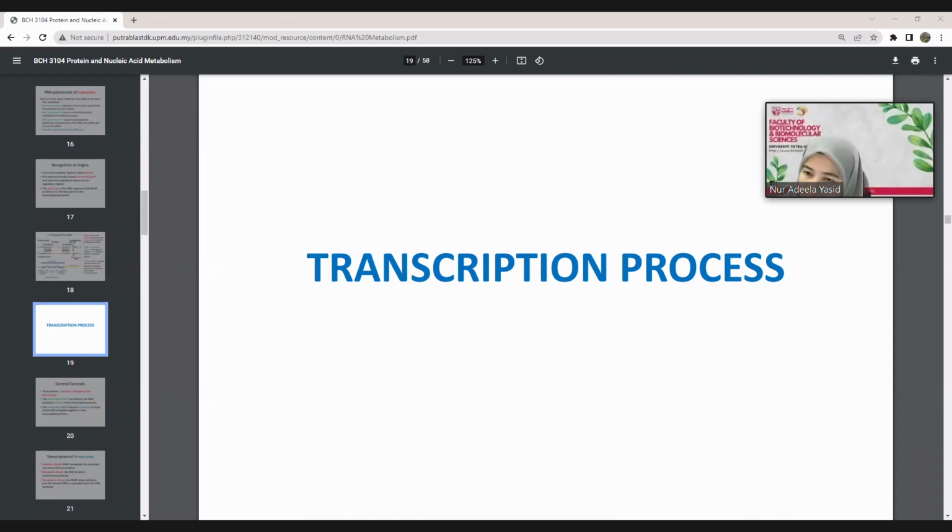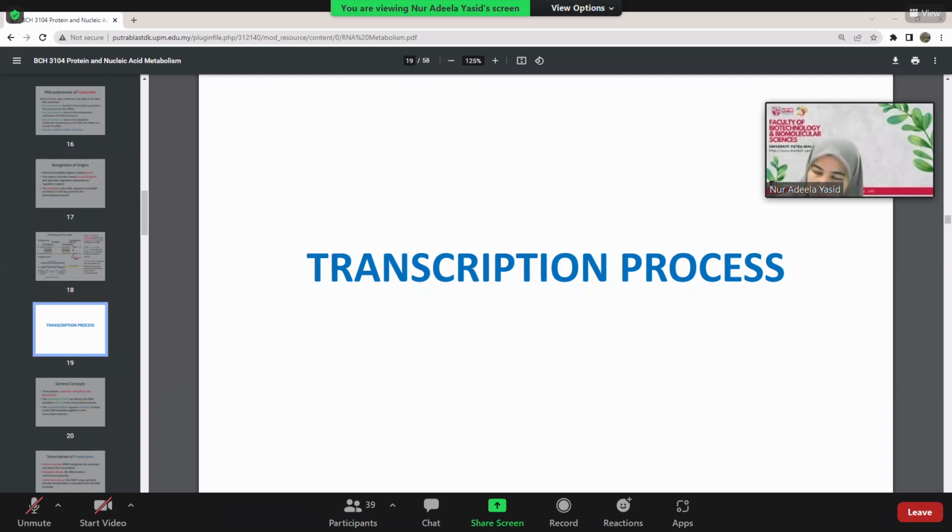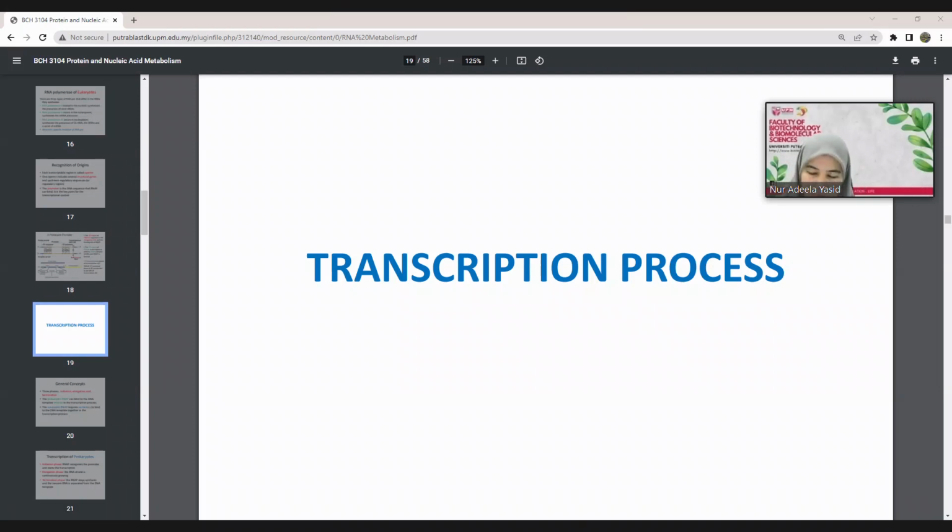What is Tata box? What is -35 region? What is -10 region? Can somebody describe the structure of RNA polymerase? What does it mean by coenzyme?